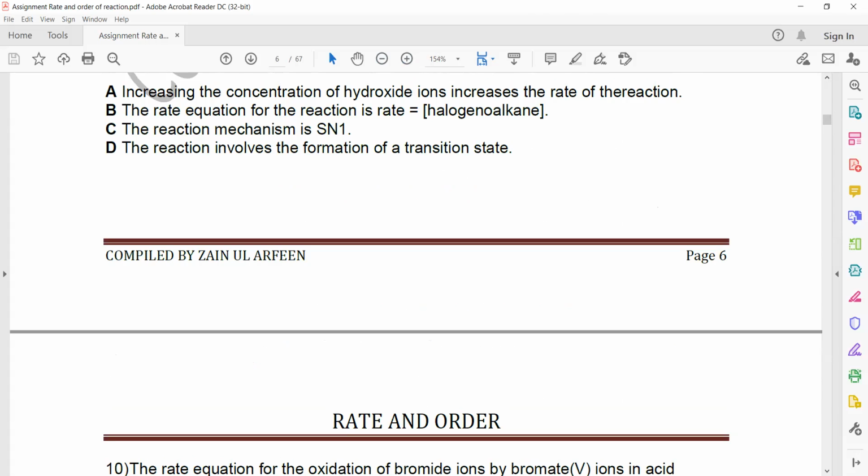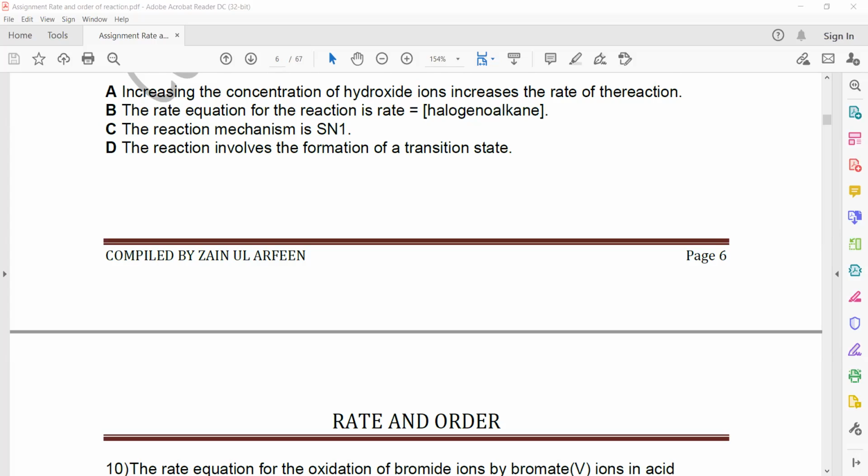Then when a reaction occurs, there can be a change in the optical activity of a substance. We can have two types of substitution reaction, SN1 and SN2.